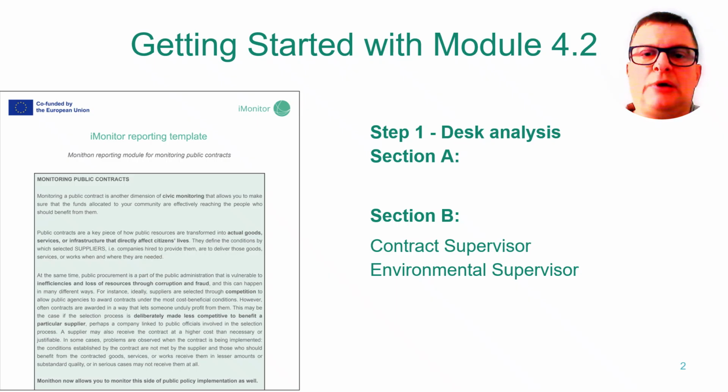We'll also talk about a special kind of supervisor, the environmental supervisor, whose job is to look closely at how construction works are carried out, how natural resources are managed, and whether measures to protect biodiversity and the environment are properly applied. This oversight is essential to make sure that projects not only meet contractual obligations, but also deliver the expected environmental performance.